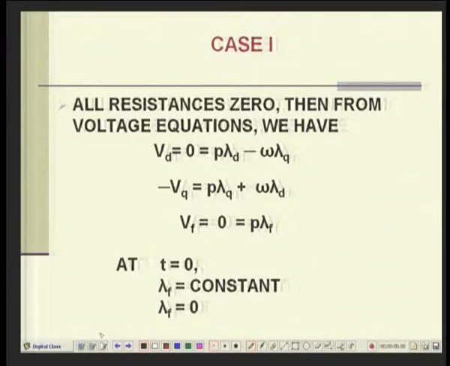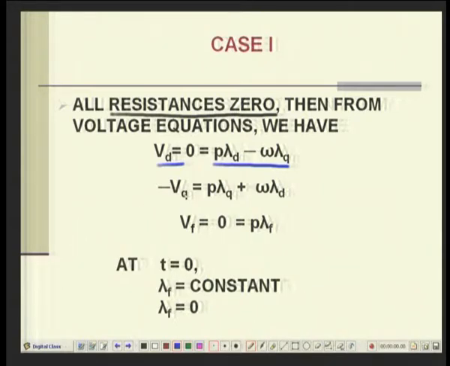We did this quickly last time as case 1, where we took all the resistances to be 0. So VD is 0, we got this expression, and for VQ we apply minus VQ, because for VD we are not applying anything as it is 0. Minus VQ is minus omega LAF IF.